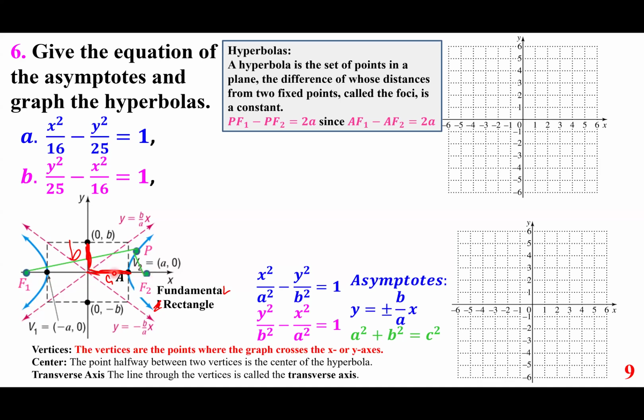This distance is C. This distance is C, and that works out that C is always larger than A and B, and it follows the Pythagorean theorem, A squared plus B squared equals C squared, everybody.